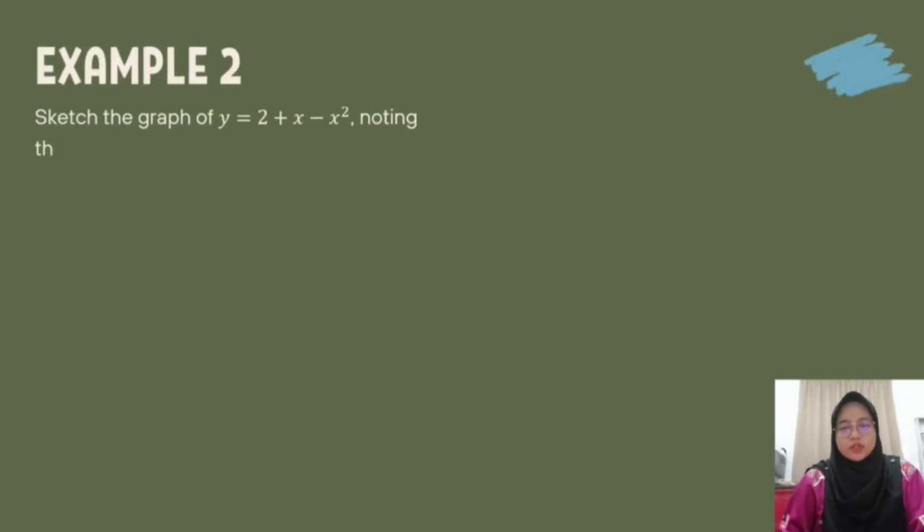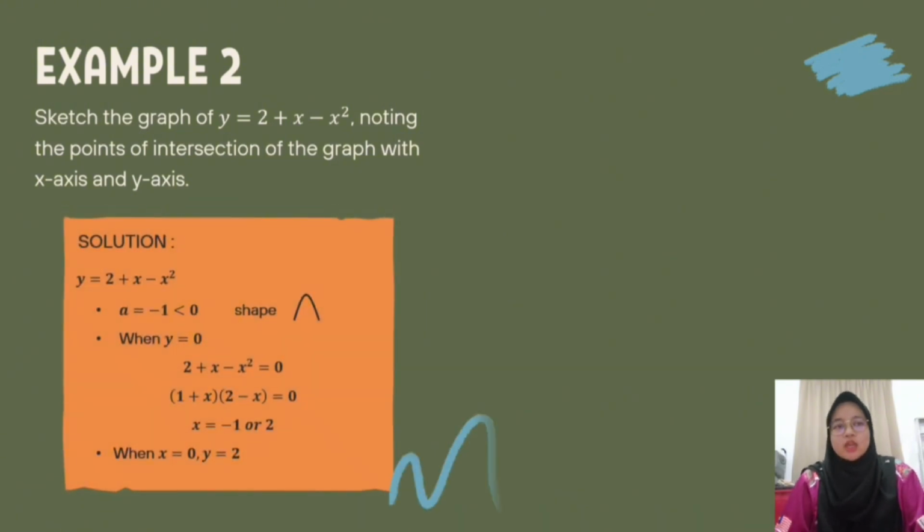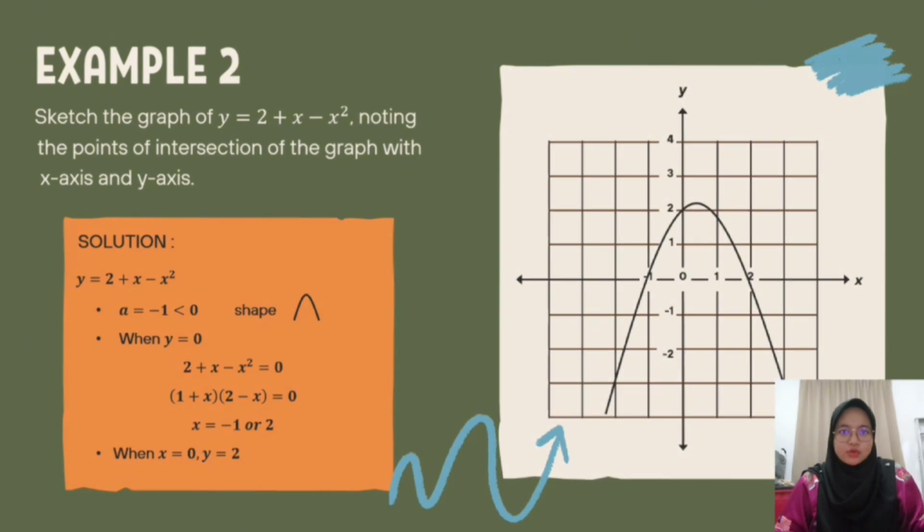As for this question, before we use the GeoGebra website, we can calculate it manually. As we know, the a is negative 1, which is less than 0, so the graph will be upside down. When we want to search for the intersections, we can put y equal to 0 and x equal to 0. When y is equal to 0, we can solve it using the equation given in the question.